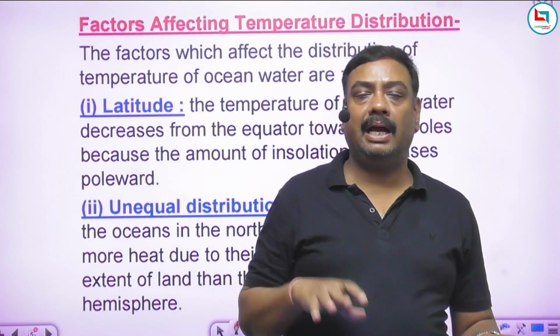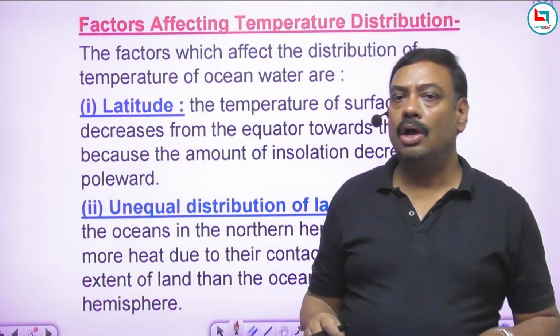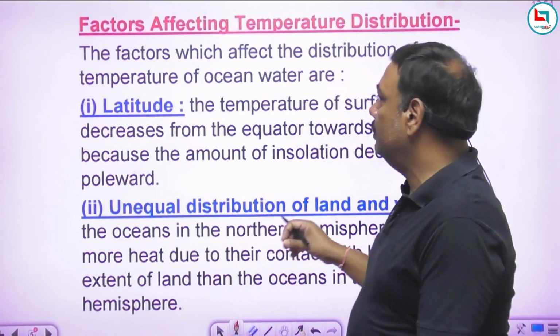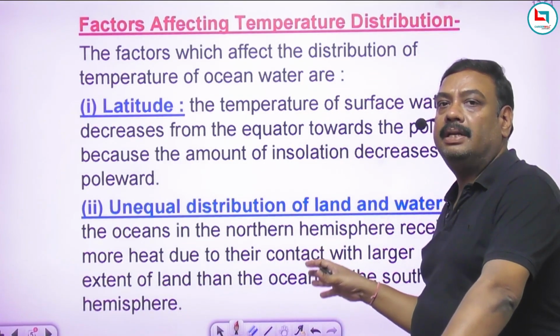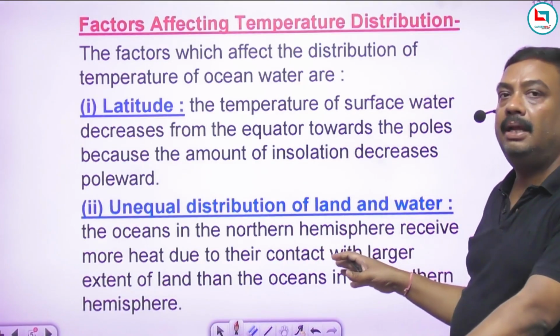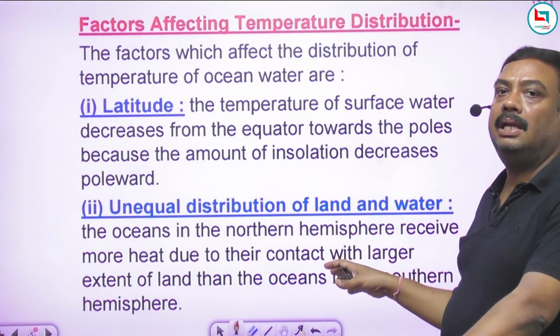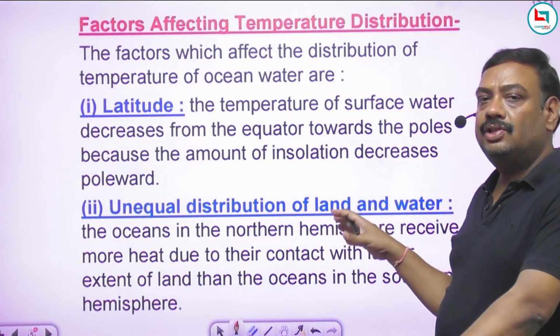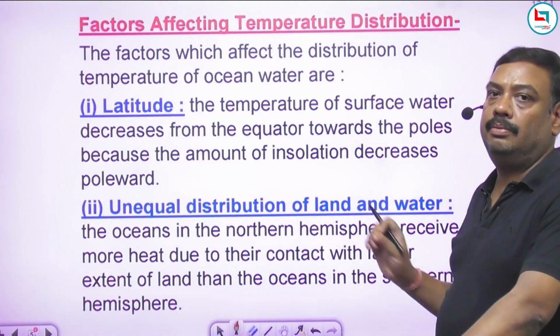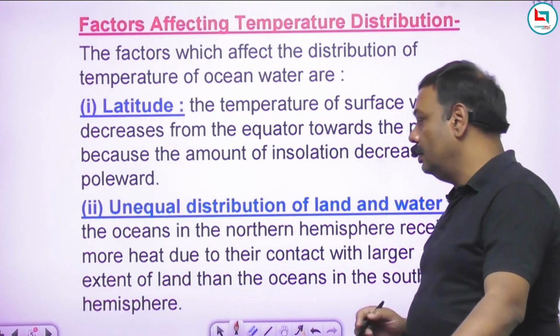What are those factors which basically affect this? So particularly the factors which I have written here are actually telling us the changes in the horizontal distribution, right? Changes in the horizontal distribution.